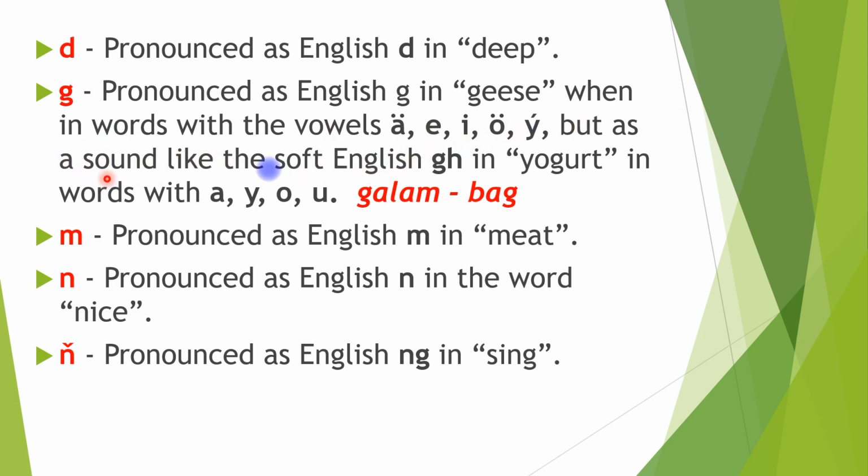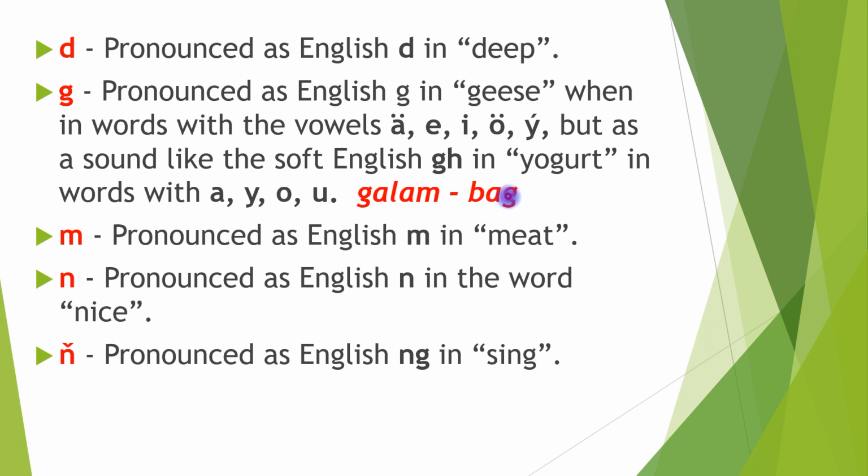There is also a sound like the soft English R in yogurt, in words with A, I, O, U. So for example, galam. Here as you can see, G in the beginning of the word, I read it as G: galam.